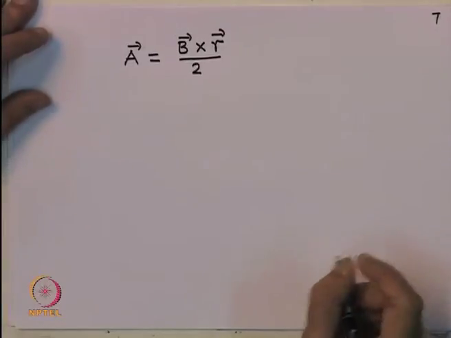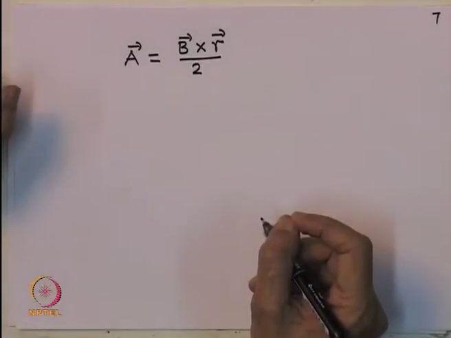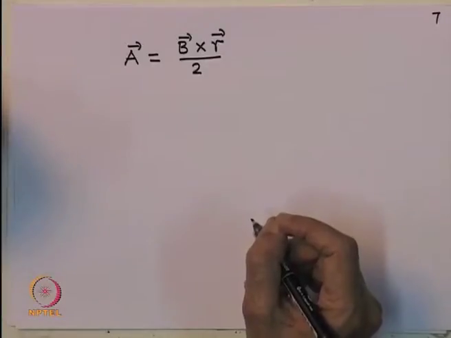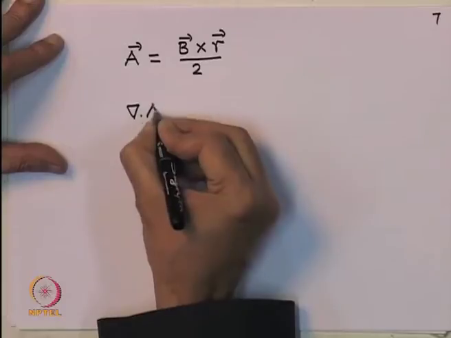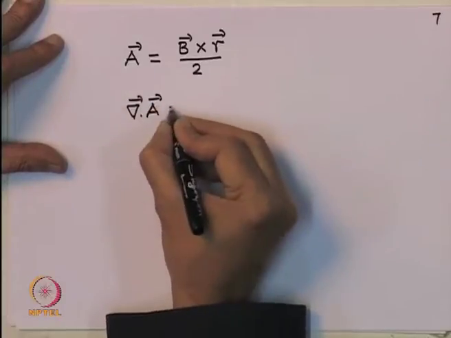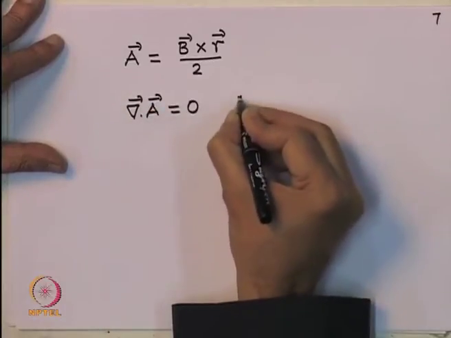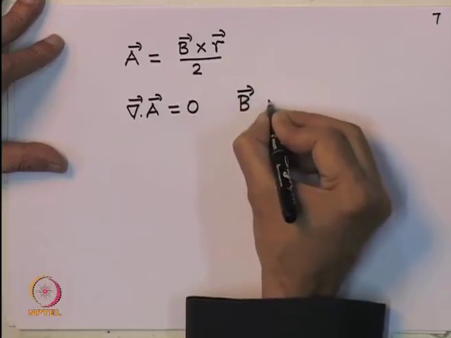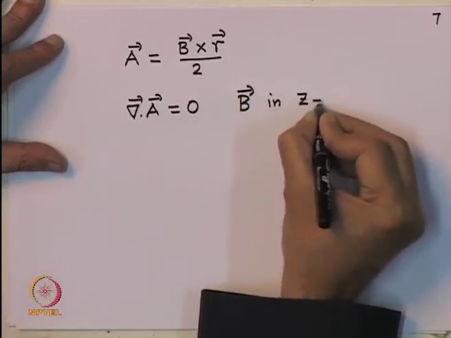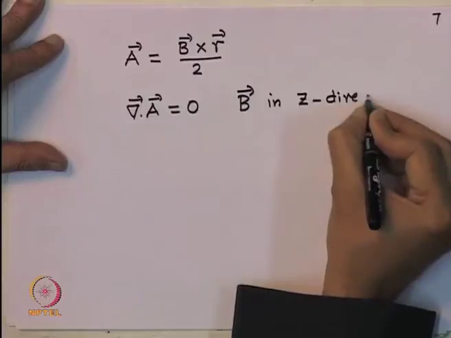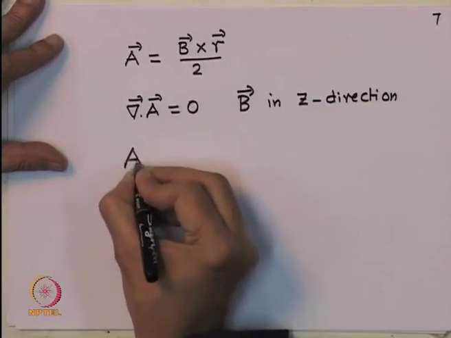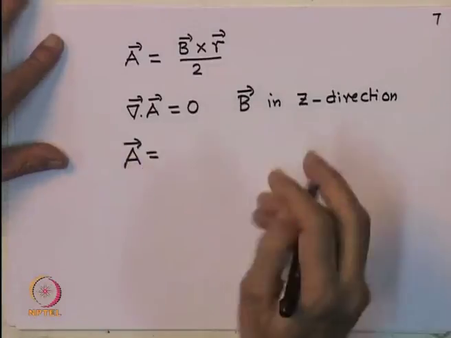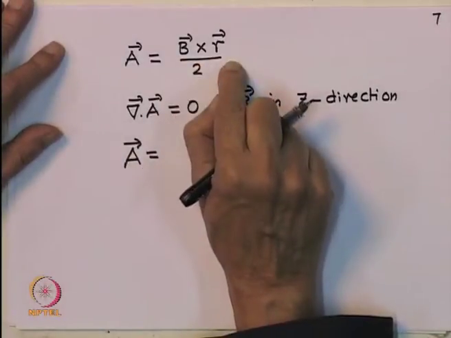Now, let us look at a Coulomb gauge, that is del dot of A equal to 0. So, in Coulomb gauge del dot of A equal to 0, suppose B is in z direction. Let me take B in z direction. You can immediately see I can write the vector A, which is B cross R by 2.